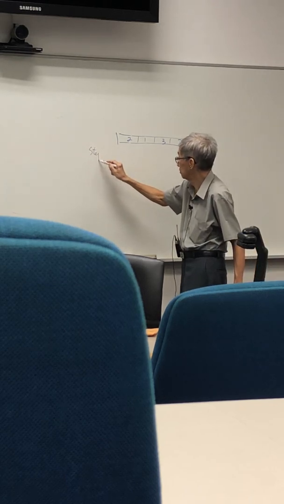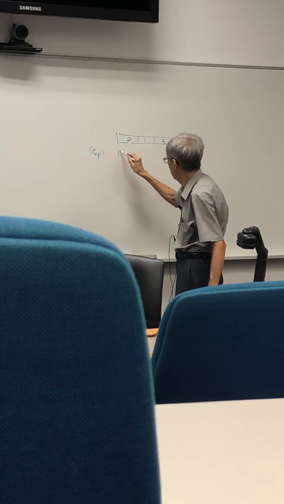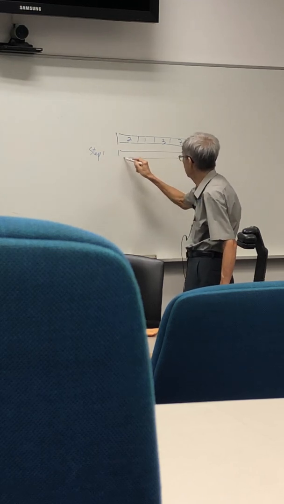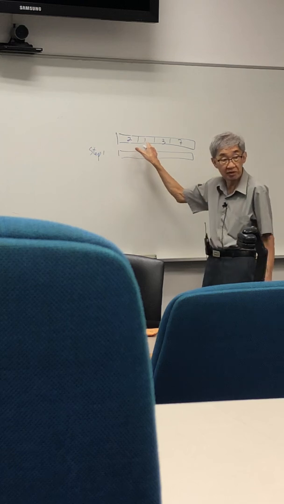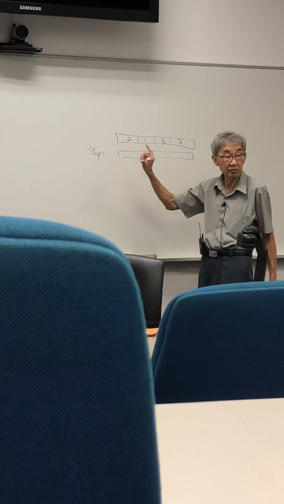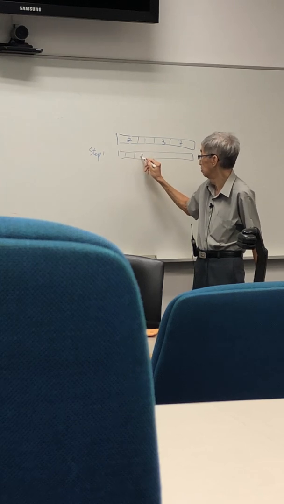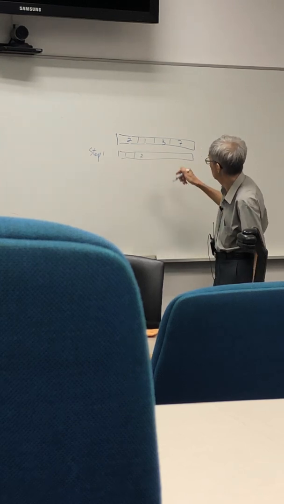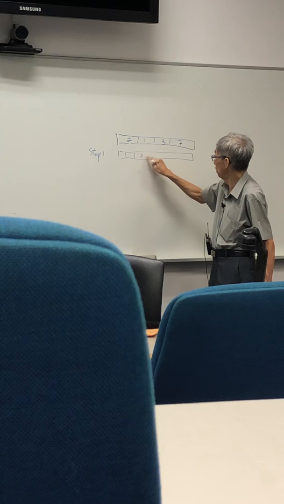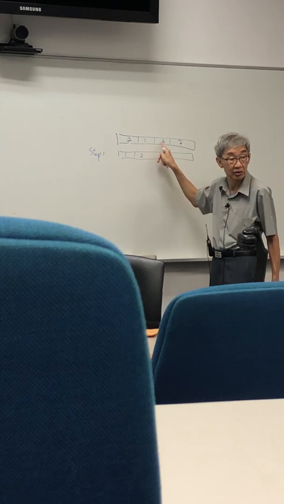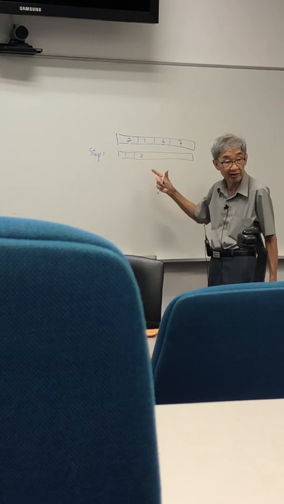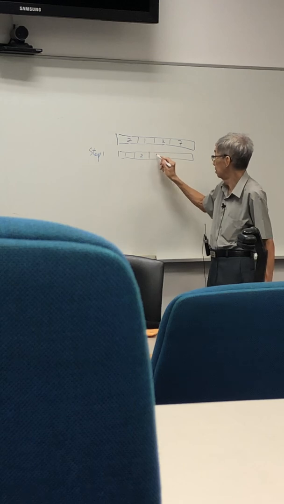Step 1. For step 1, every time we compare 2 elements, right? If you start from here, not in order, we swap them, right? So 1 changes with 2. Then after that, 2 will be compared with 3, right? In order, so no swap.